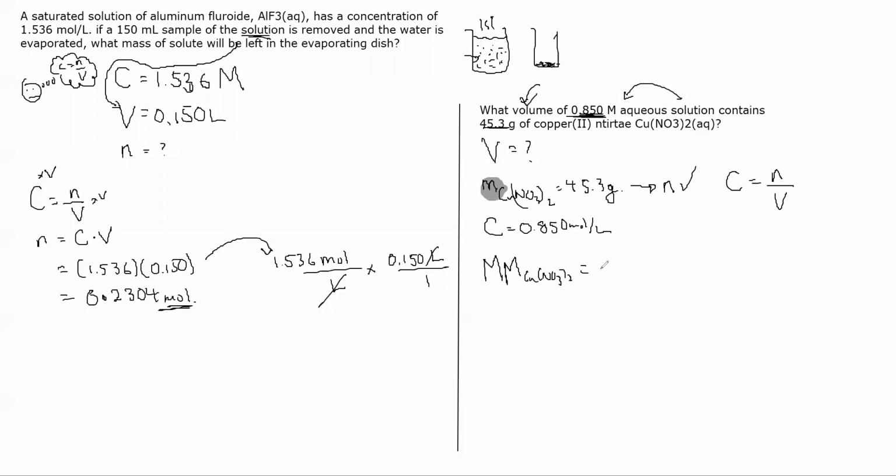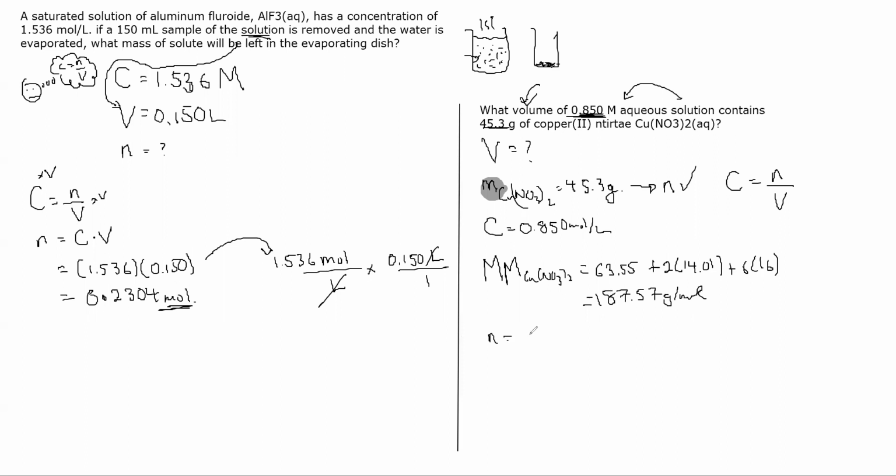The molar mass of copper, 63.55, plus 2 times nitrogen, which is 14.01, plus 6 times oxygen, which is 16. Add that all together. Let me redo that. 187.57 grams per mole.